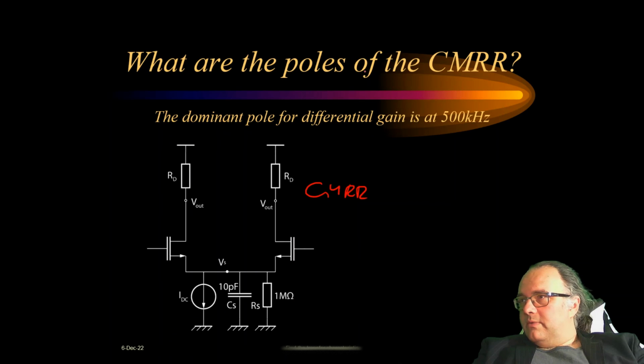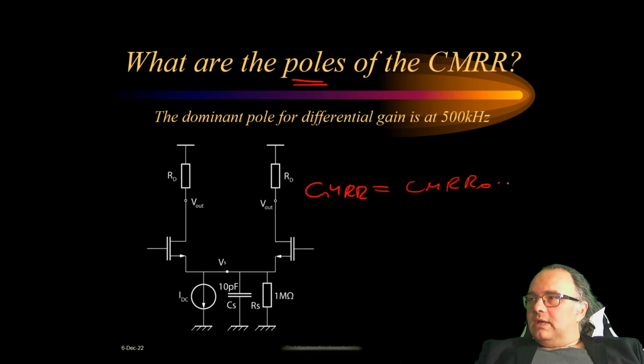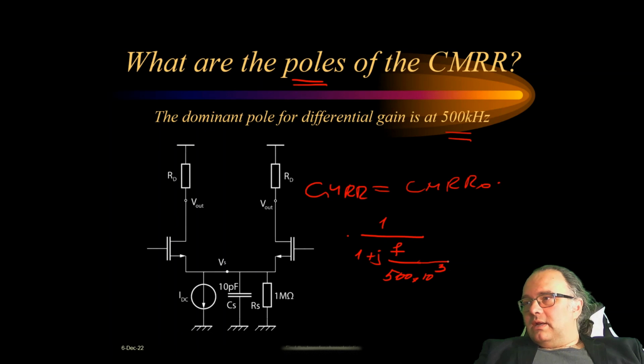So then for the common mode rejection ratio, we were asked for the poles, and then there will be certain common mode rejection ratio for DC, and then times the frequency behavior of it. So we will have one pole which is given because of the differential signal, which is just 500 kilohertz. So F divided by 500 kilohertz. And then I will have, of course, another pole, which is due to the zero in the differential gain.